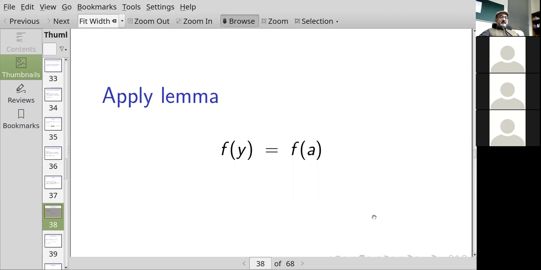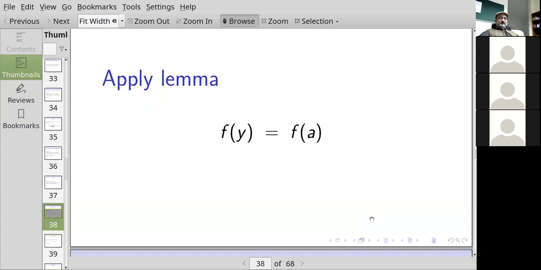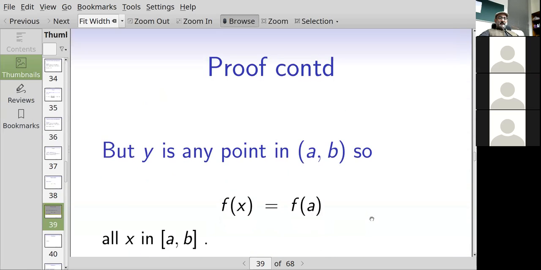So if you have a function which has a zero derivative everywhere from a to b, then that function must be constant from a to b. So our intuition that it should be constant is in fact correct, and it can be proven from the mean value theorem. Okay.